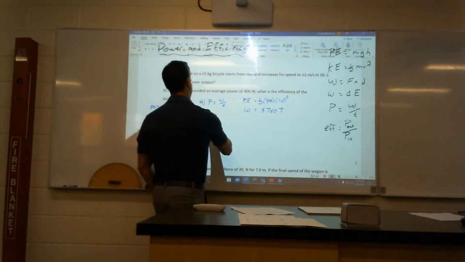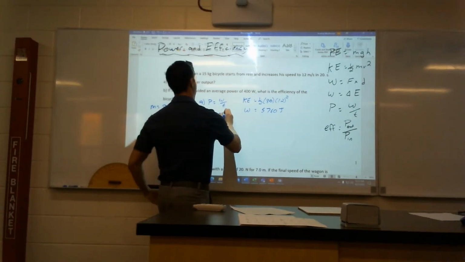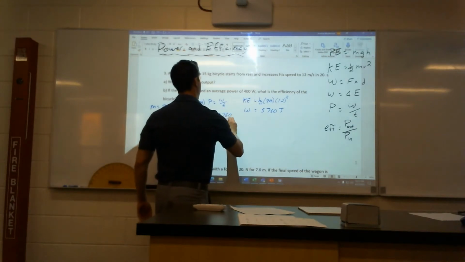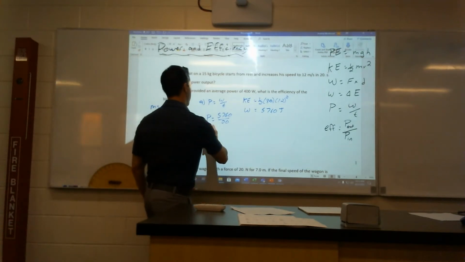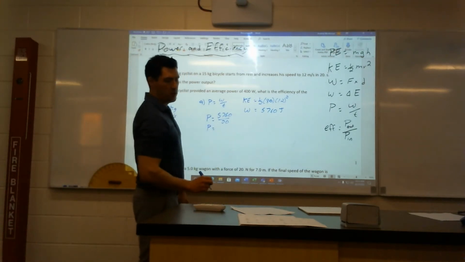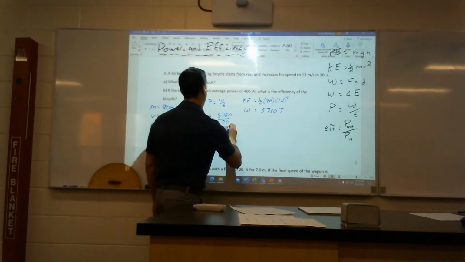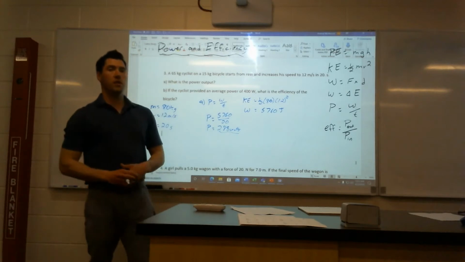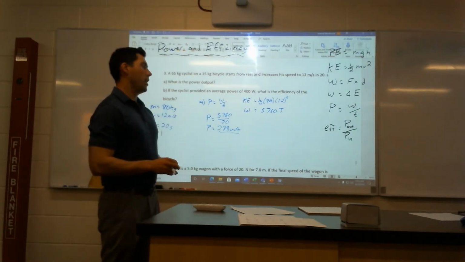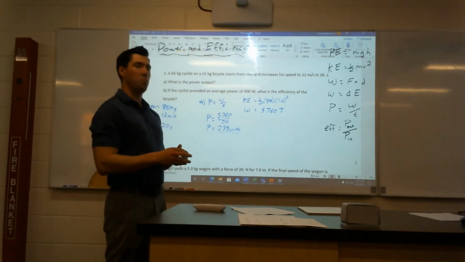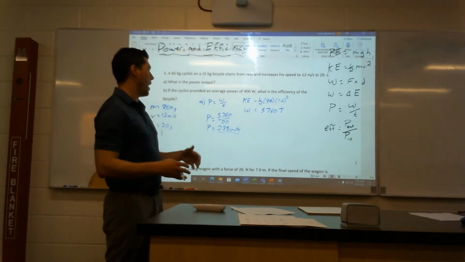My power is going to equal 5,760 divided by 20. And so my power output here by this person is going to be 288 watts. So that is how much power the actual cyclist got out of this. Not how much you put in, that's how much the actual bike did its job and gave some power.